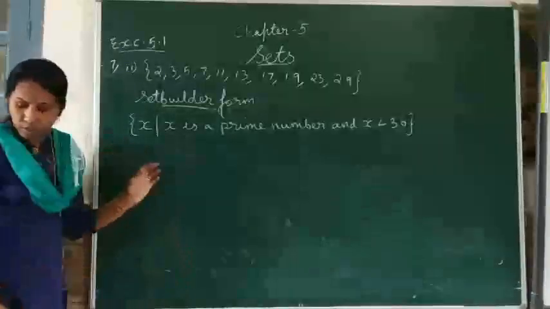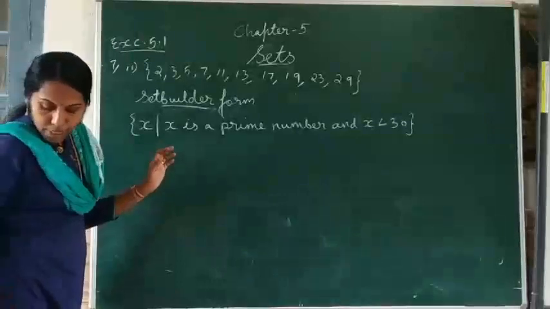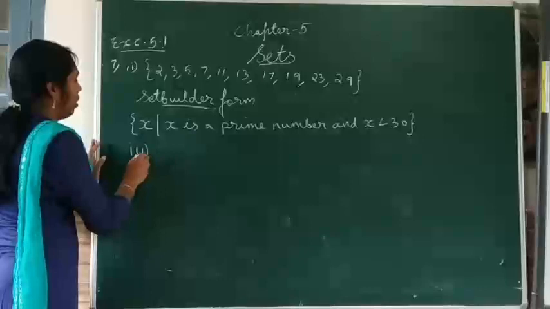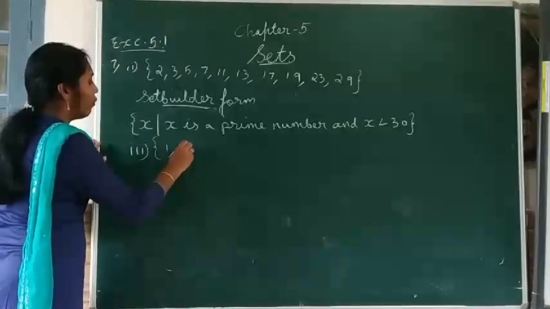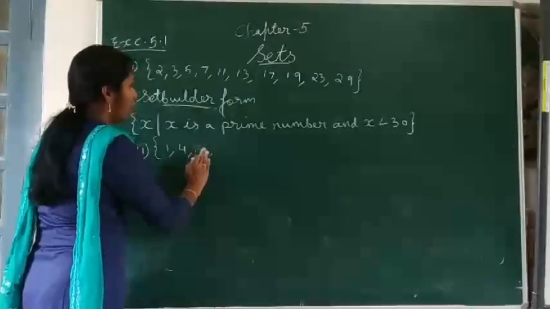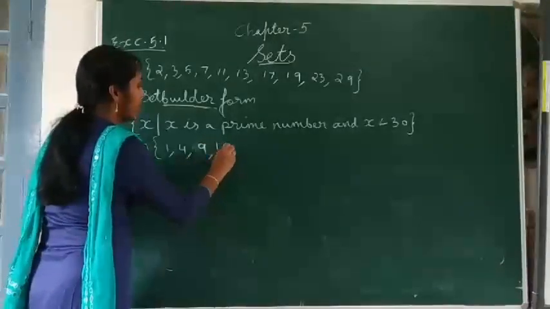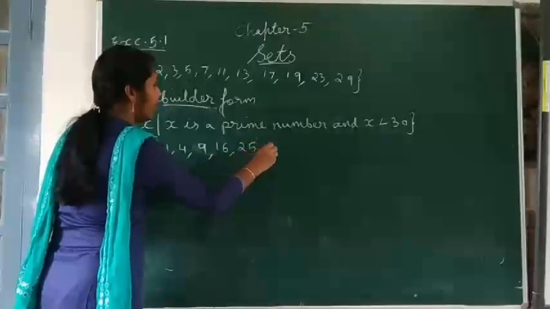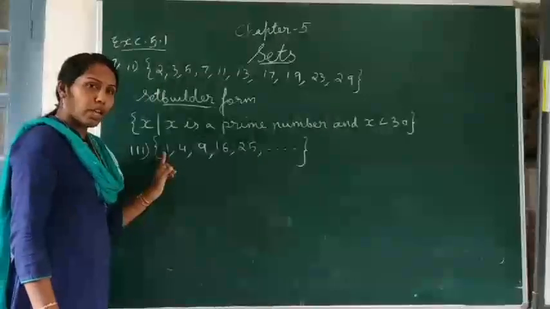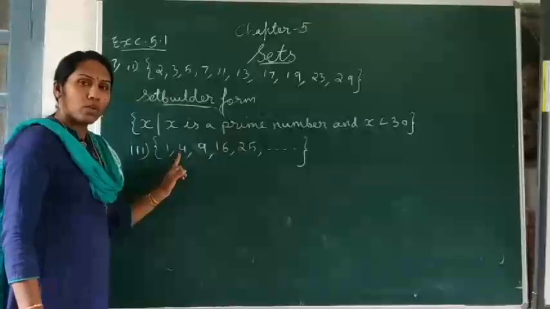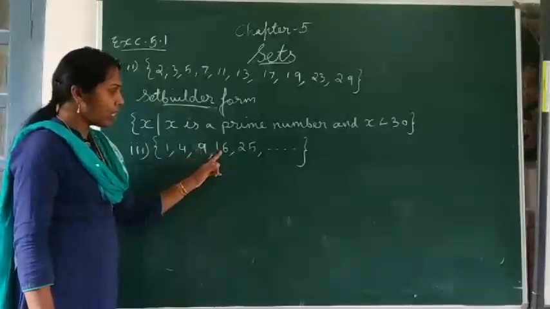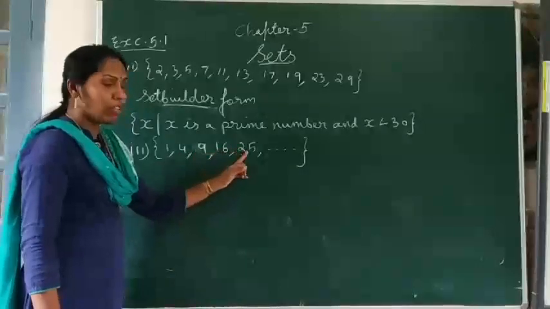Now, in the same question, third, the roster form is 1, 4, 9, 16, 25, etc. Here, 1 is the square of the natural number 1. 4 is the square of 2. 9 is the square of 3. 16 is the square of 4. 25 is the square of 5.